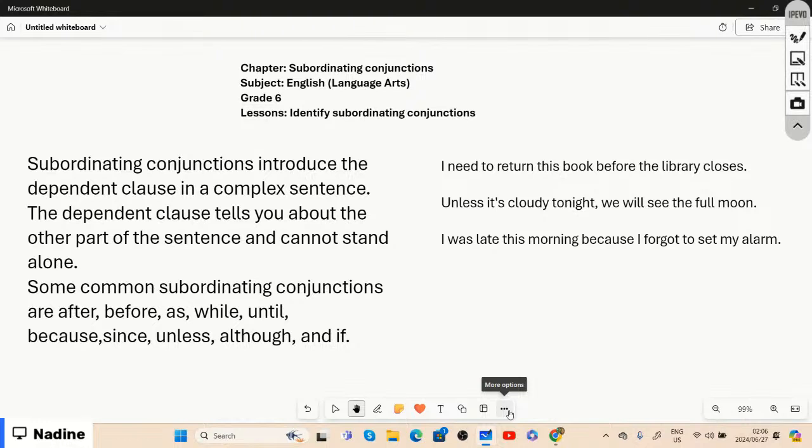You get different types of conjunctions, right? And the one that we're going to be focusing on is subordinating conjunction.